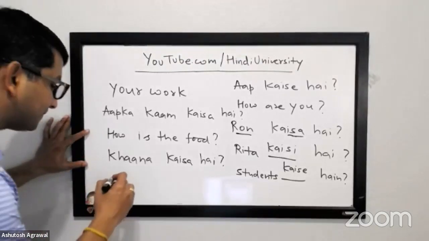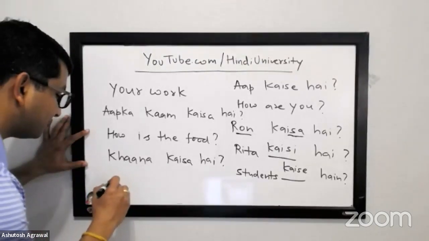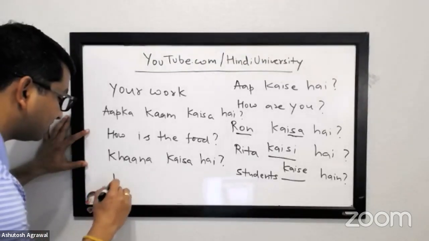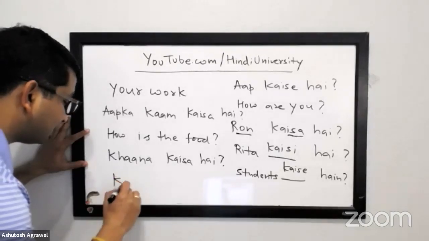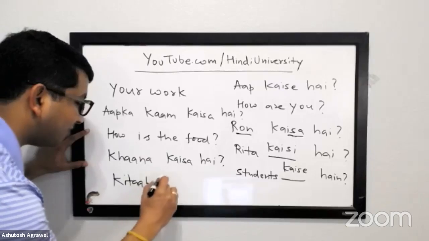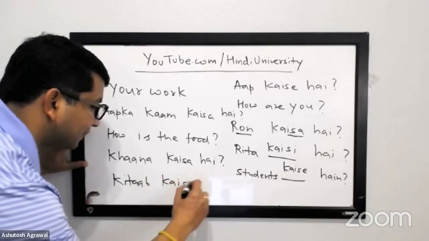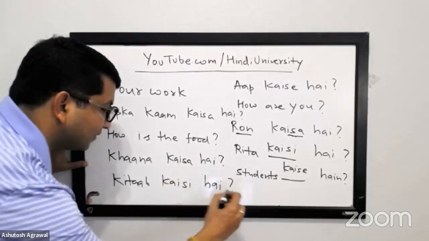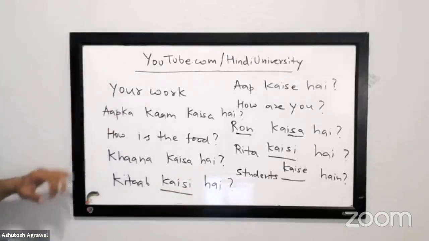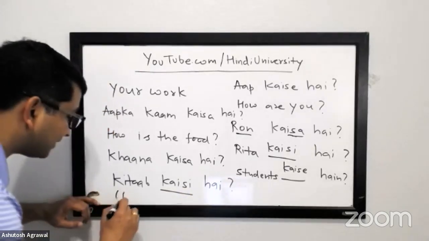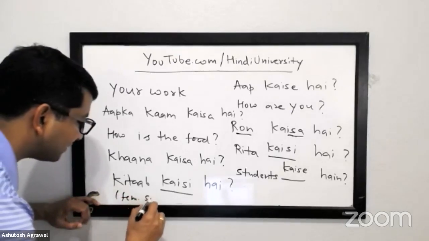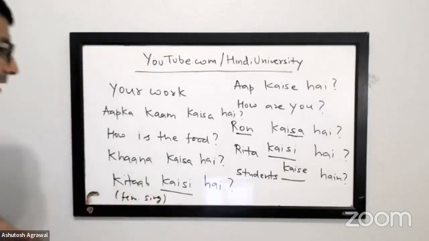How will you ask? किताब कैसी है? Very good. And we use कैसी because? Kitab is female. Very good. Feminine singular. किताब is considered feminine singular. किताब कैसी है? Awesome.